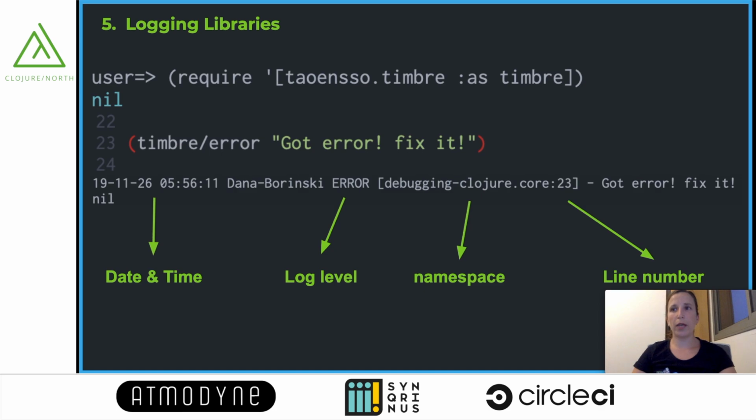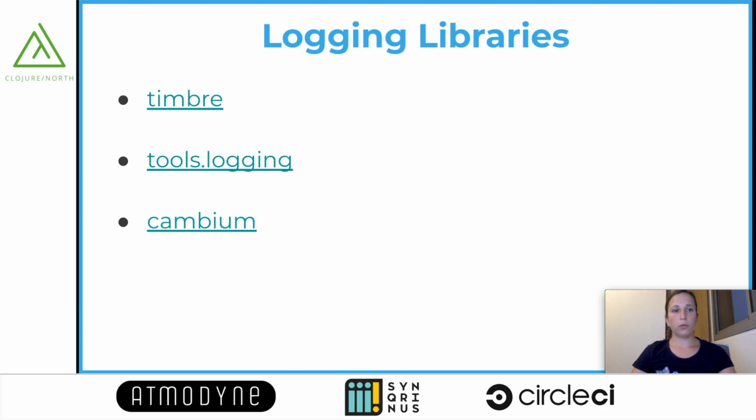We will also get the message itself, and we can pass arguments, data structures, everything we want to print to the REPL. So those are some logging libraries you can use and try, and it's a really nice method to get some advanced print capabilities and more information that we need during our development or even when we run the code.